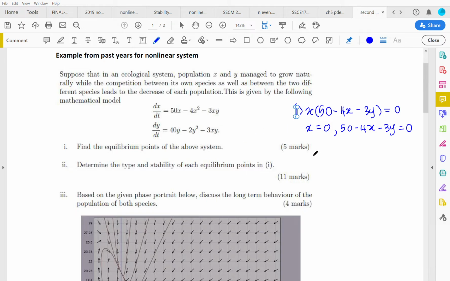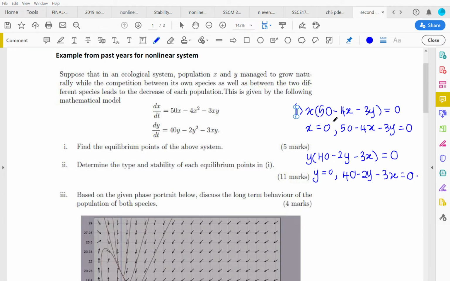Now I take the second equation equal to 0. I will factorize, so I will have y multiplied with 40 minus 2y minus 3x equals 0. So I will get y equals 0, and another expression is 40 minus 2y minus 3x equals 0.